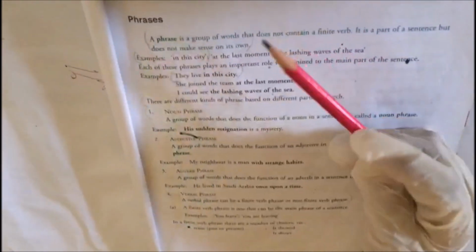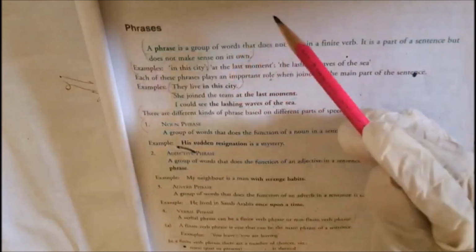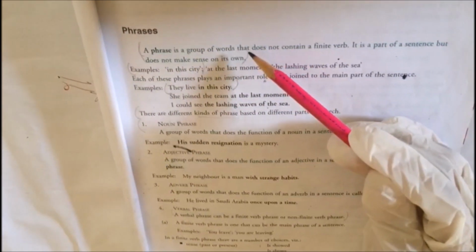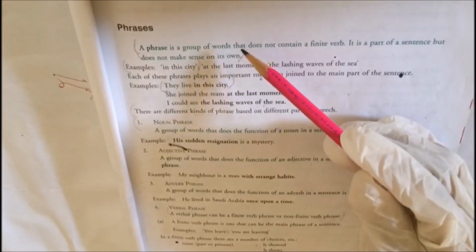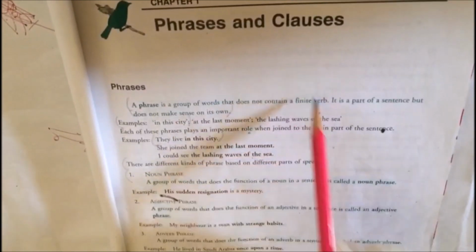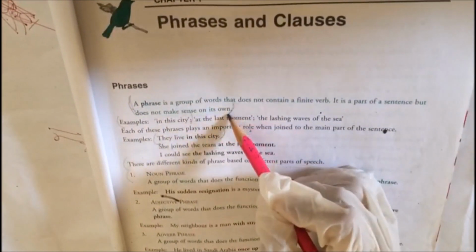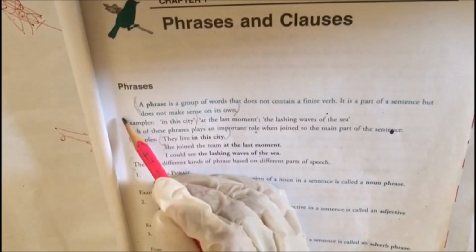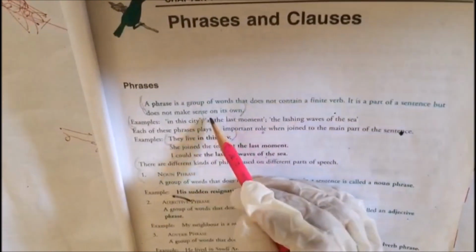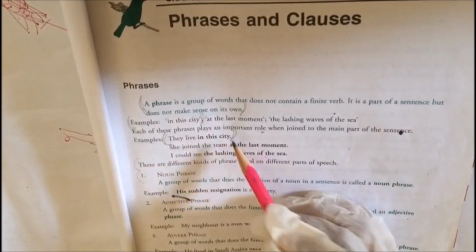Now students, move to written work. First, make a title page of term 1 in your grammar copy, and then the lesson title, that is phrases and clauses. First you write down the definition of phrases along with an example. You can take one example.